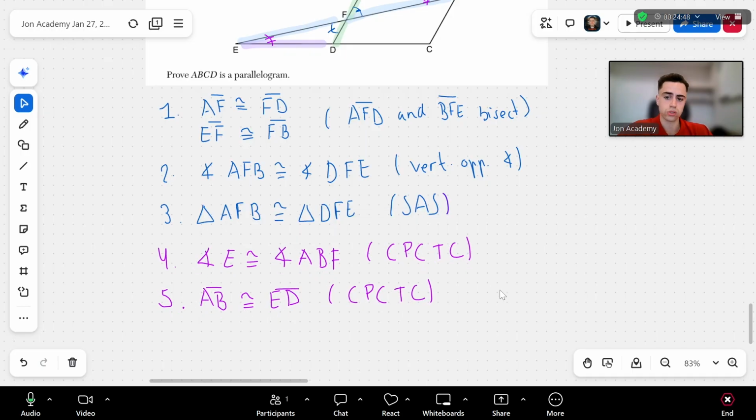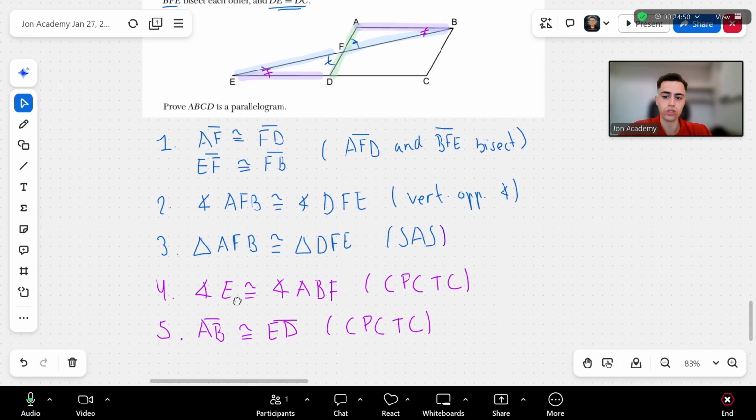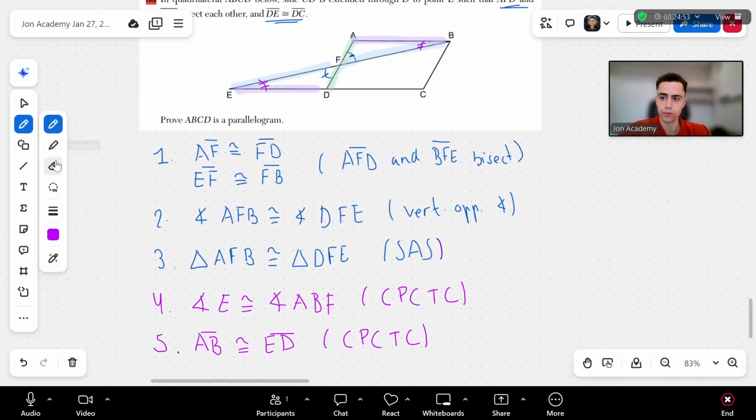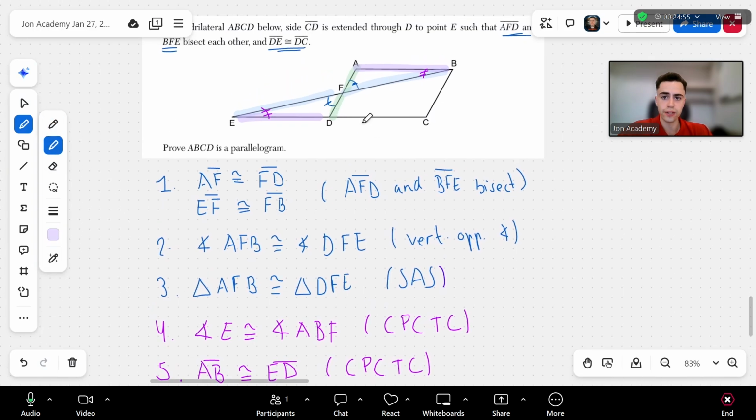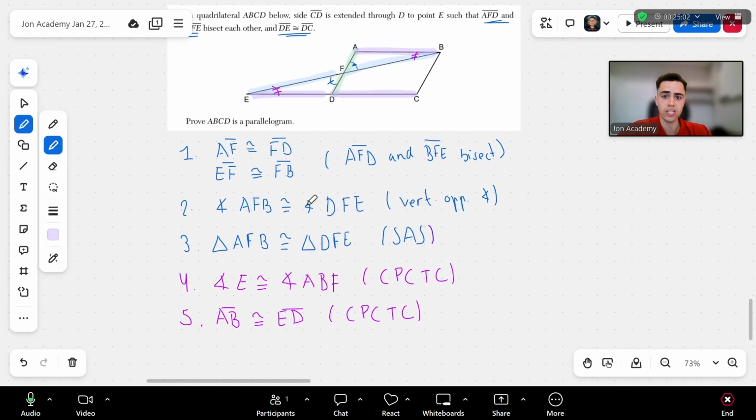Okay, so the sixth step, now that we've shown these two sides in purple, we could also say this is congruent with that one, ED.